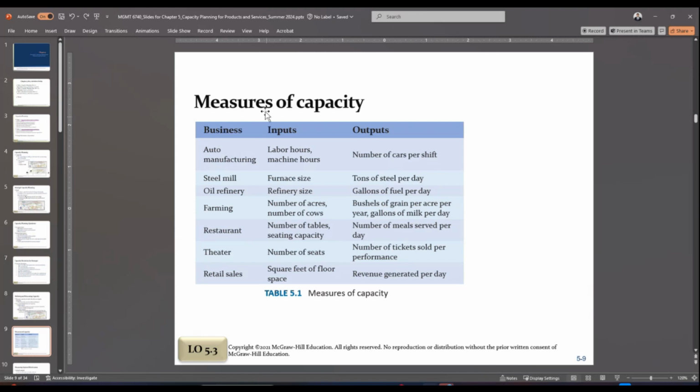Let me give some examples. Here is a table taken from the textbook that has columns for business, what inputs go into each business, and what the outputs are. Let's check the outputs for auto manufacturing. The key output you are tracking is the number of cars you are selling or servicing per shift.